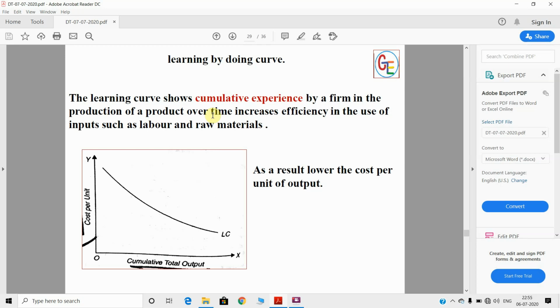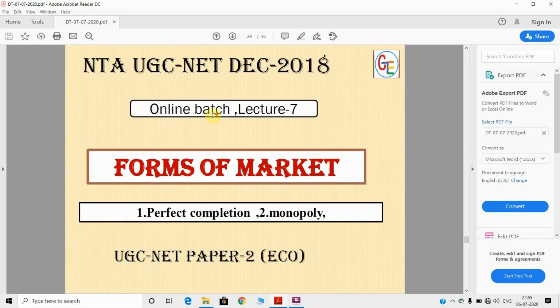So it has a greater amount of experience, and what type of experience? It is learning by doing. As a result, there is a lower cost per unit of output, right?